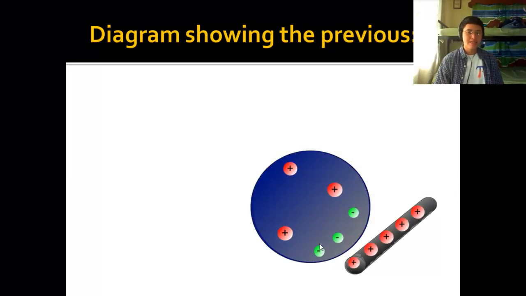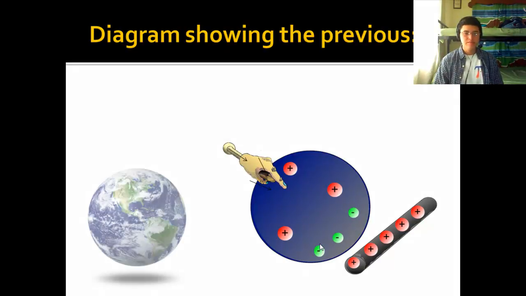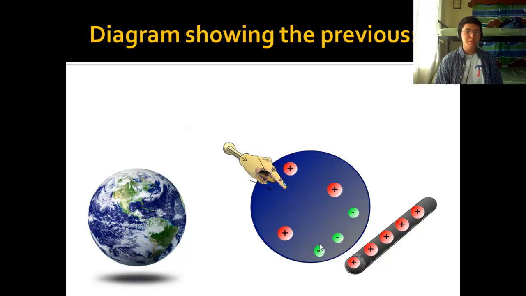As can be seen in this process, if one would touch the sphere, the electrons present in both the person and in the earth will be transferred into the sphere because of the attraction of the positive charges.